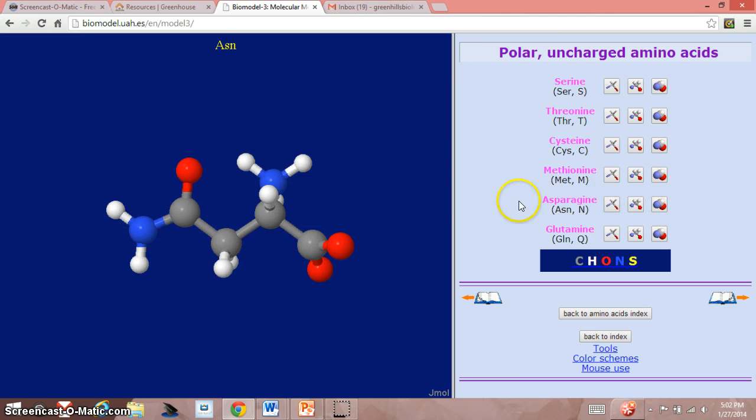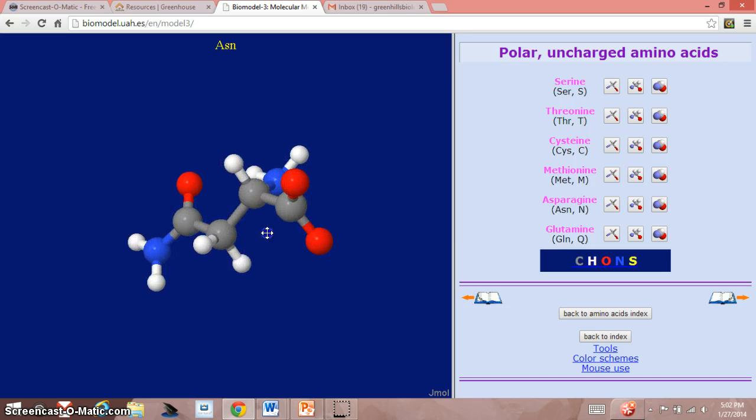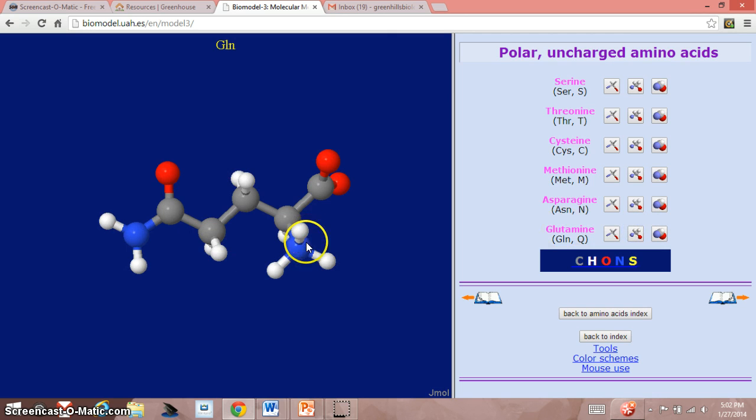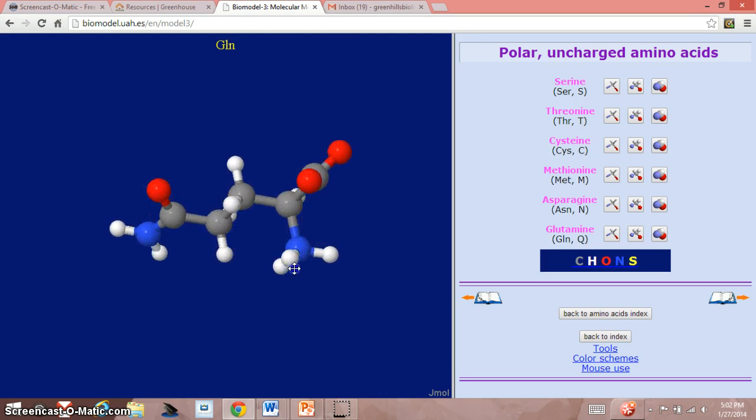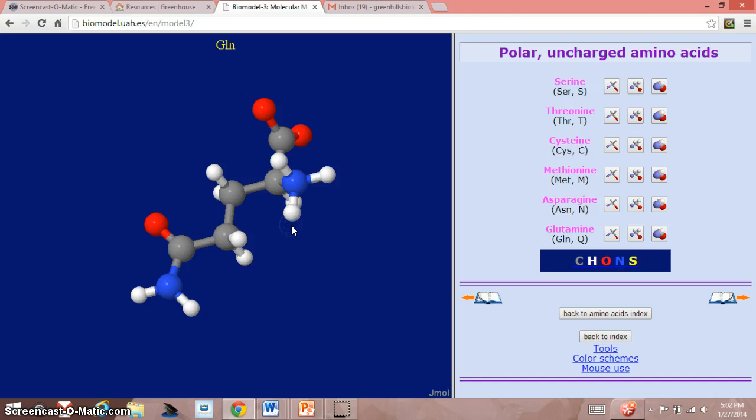Asparagine. That's your amino group, and that's your carboxyl group, just so you know. This part here is your R group. And glutamine. Here you go again. So you're going to write down what they all have that is different from the previous two.